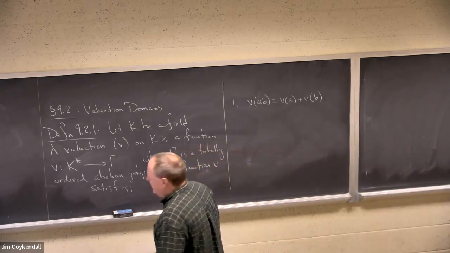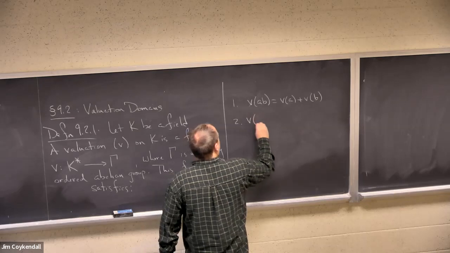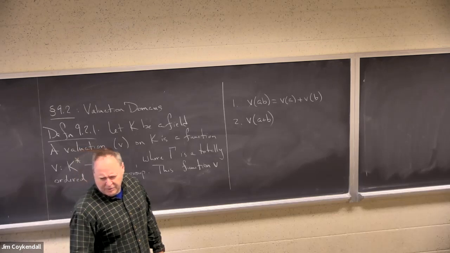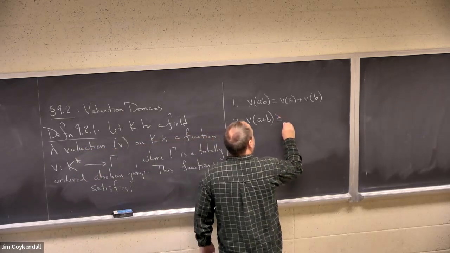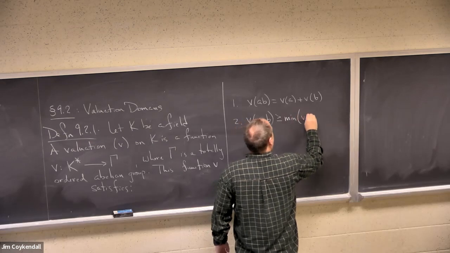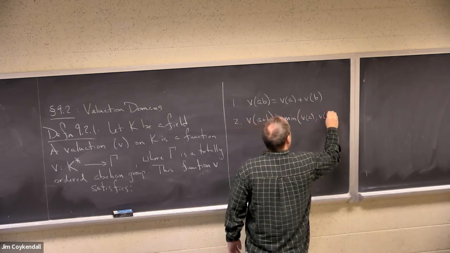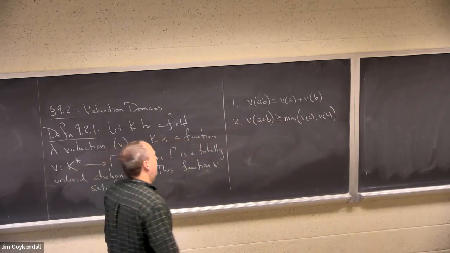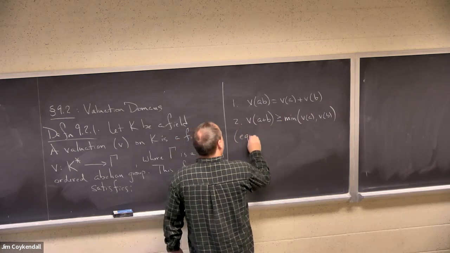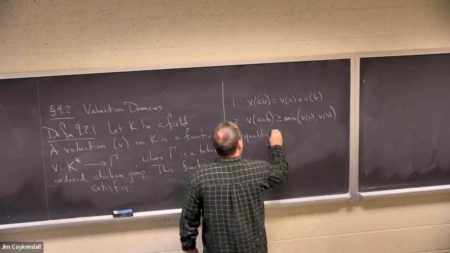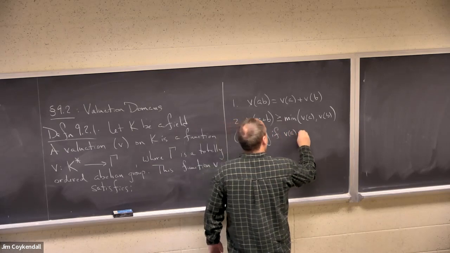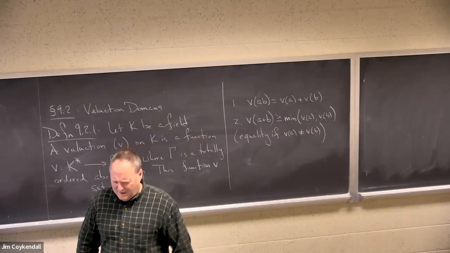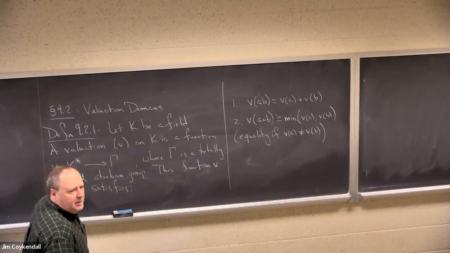And two, the value of A plus B is greater than or equal to the minimum of the value of A and the value of B, with equality if the value of A is not equal to the value of B. By the way, that last statement is not an if and only if.